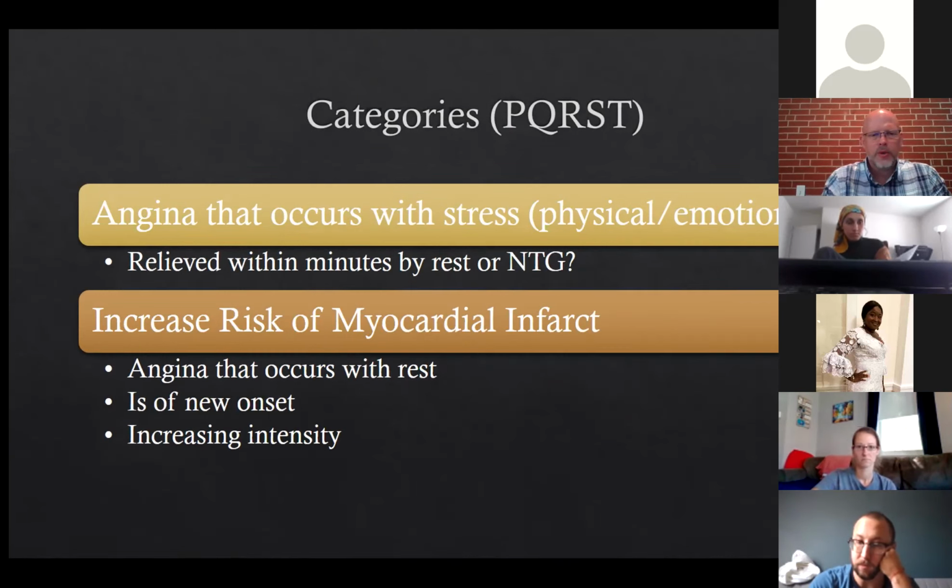There'll be a quiz question coming up on your Brunner and Suddarth quiz that you have for this Sunday around nitroglycerin. So if I take it 3 times and pain is not relieved after I've taken 3 doses of it, I need to call 911. 911. Good. And we know that angina that occurs with rest or is of new onset and increasing intensity is at an increased risk for having an MI.